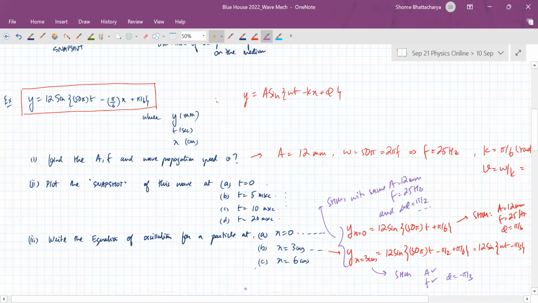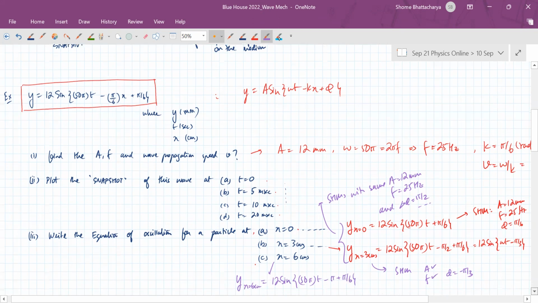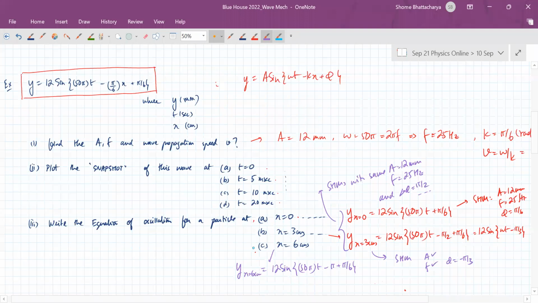Similarly, if you see this one, now for example, this and this, they have a phase difference of pi.